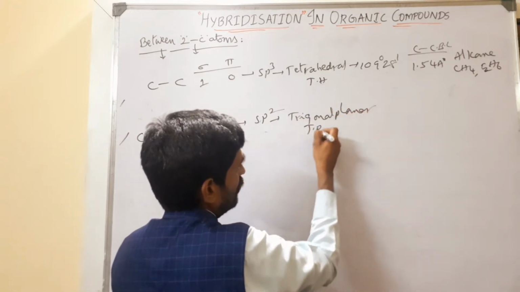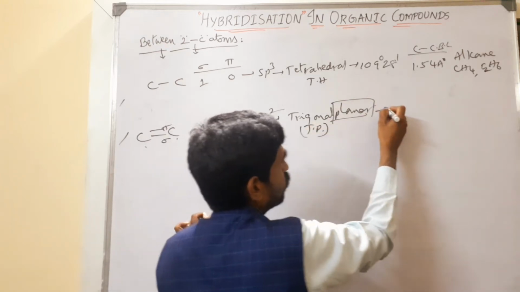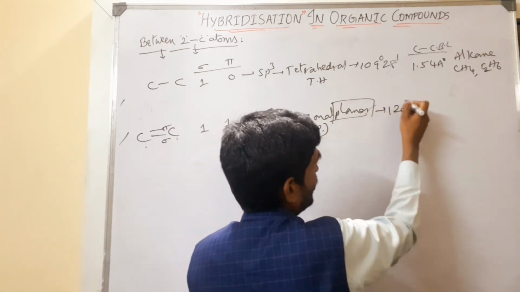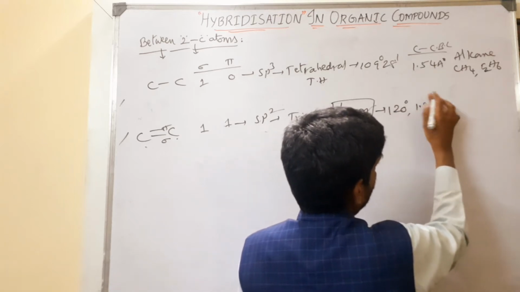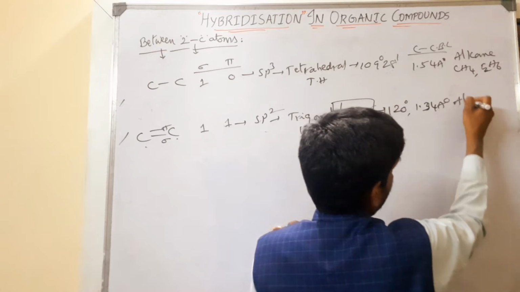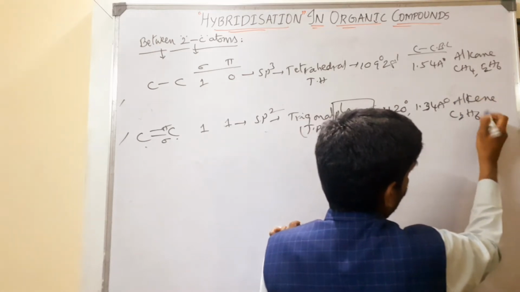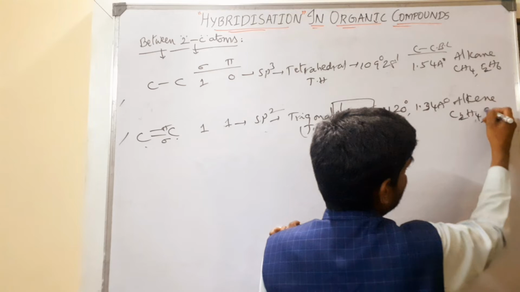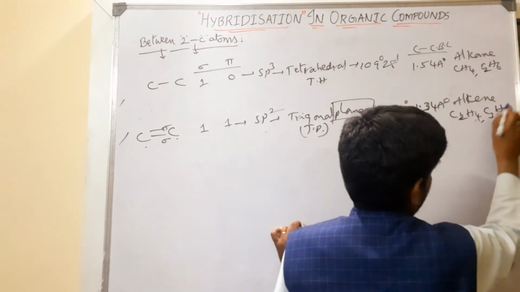Here the bond angle is 120 degrees and the carbon-carbon bond length is 1.34 angstroms. It is found in alkene molecules like C2H4, which is ethene, C3H6, propene, etc.